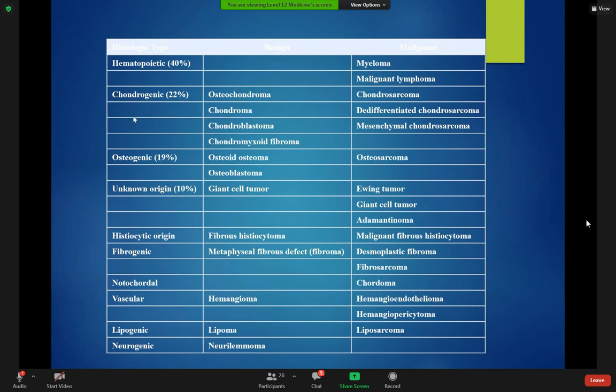Could be chondrogenic, meaning originating from the cartilage, benign like chondroma, osteochondroma, and so on, and malignant like chondrosarcoma. Osteogenic, meaning originating from the bone cells itself, benign like osteoma, and malignant like osteosarcoma, and so on. So it depends mainly on the normal cell of origin.